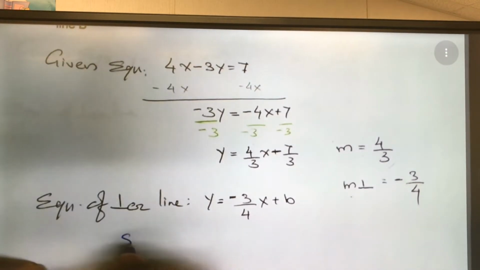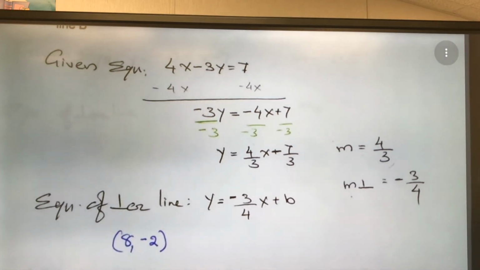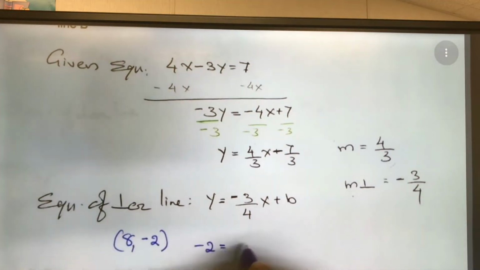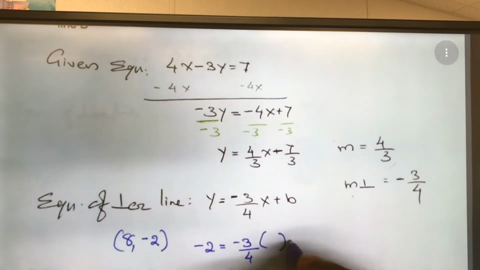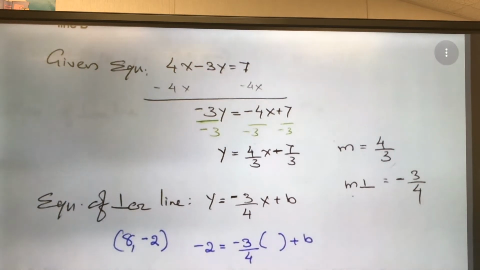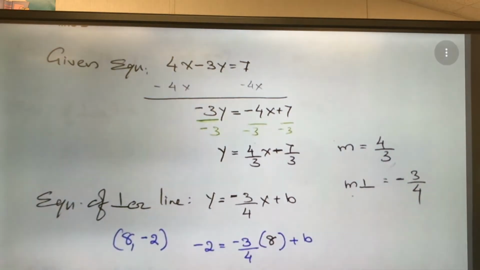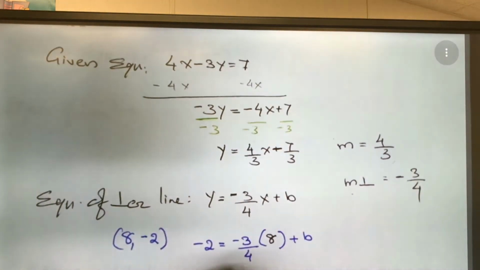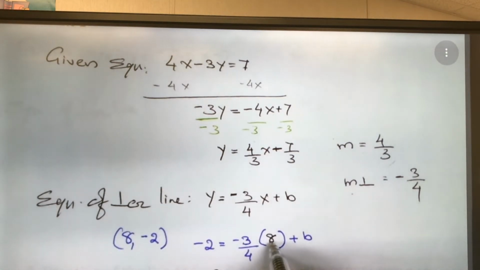So replace the x and y with 8 and negative 2 and find out the b. So again, negative 2 is equal to negative 3 over 4 x plus b. My x is 8. If you solve this, negative 3 times 8 is negative 24, divided by 4 becomes negative 6, plus b.